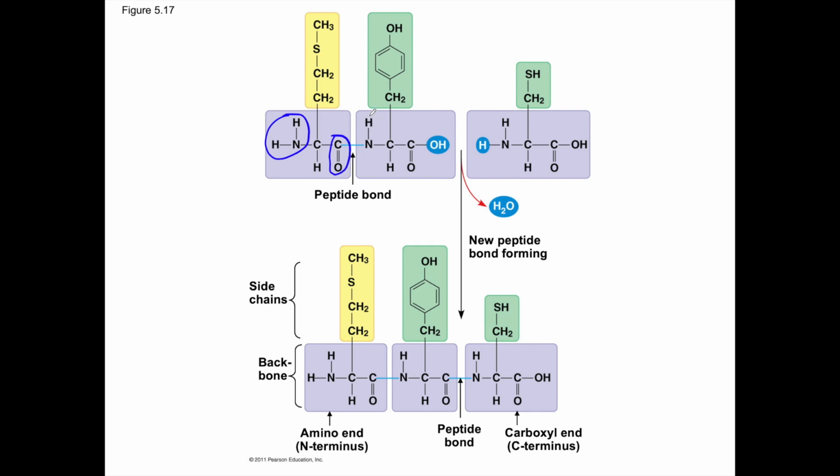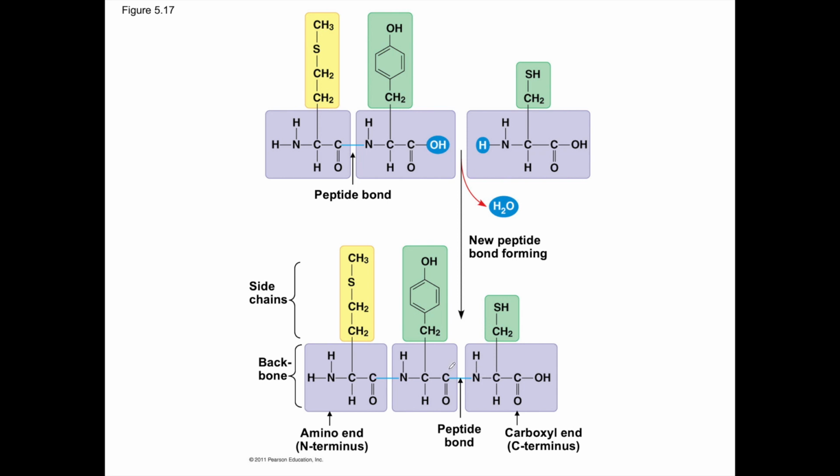Well, this carboxyl can form a covalent bond with the next amino group. Well, that one that has this amino is also going to have a carboxyl, so it can then join to the next amino group. Well, then that's going to have a carboxyl that could join to the next amino group. So the bond that forms is a covalent bond between the carboxyl groups and the amino groups.